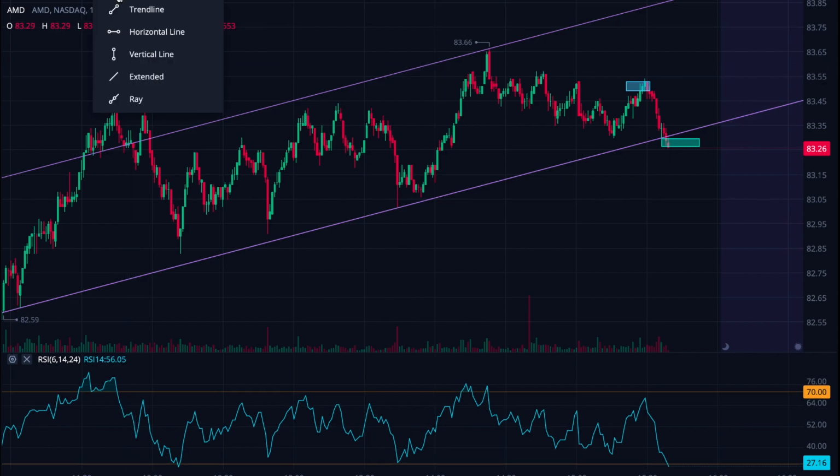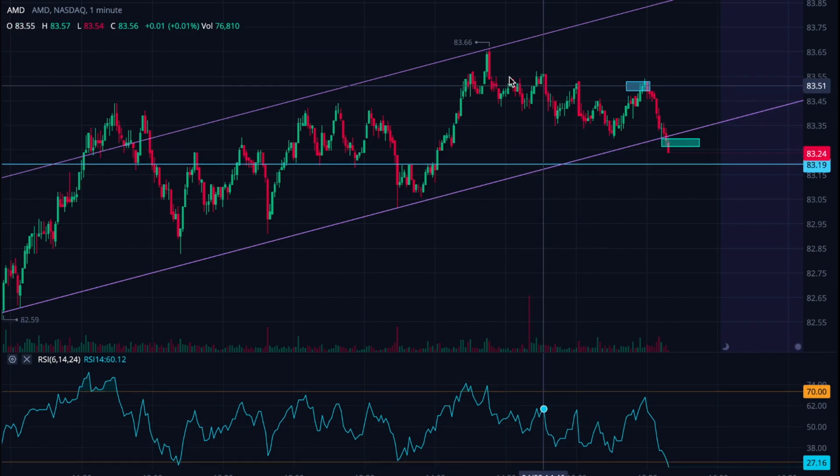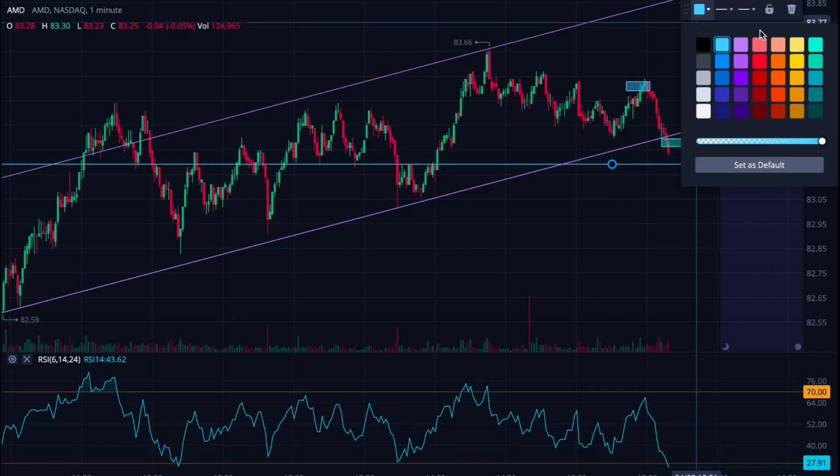What I would say, since we're here anyway, what I would chart if this were me is I would probably keep my stop loss here if I wanted to be very conservative, meaning have a very tight stop loss.